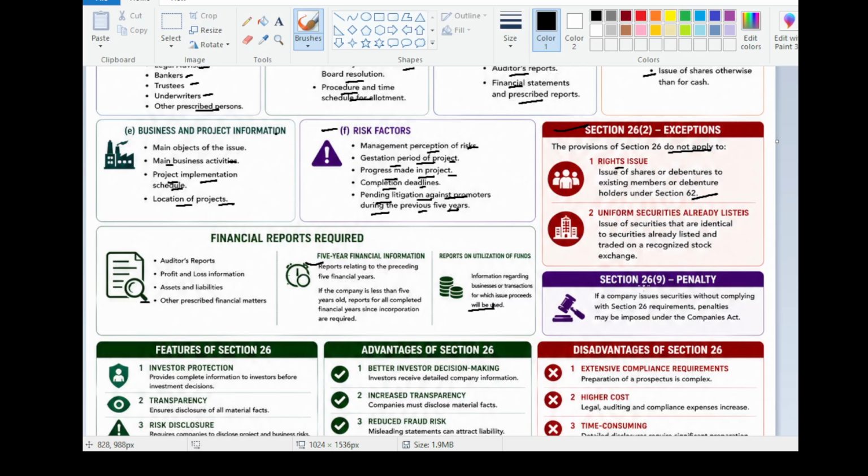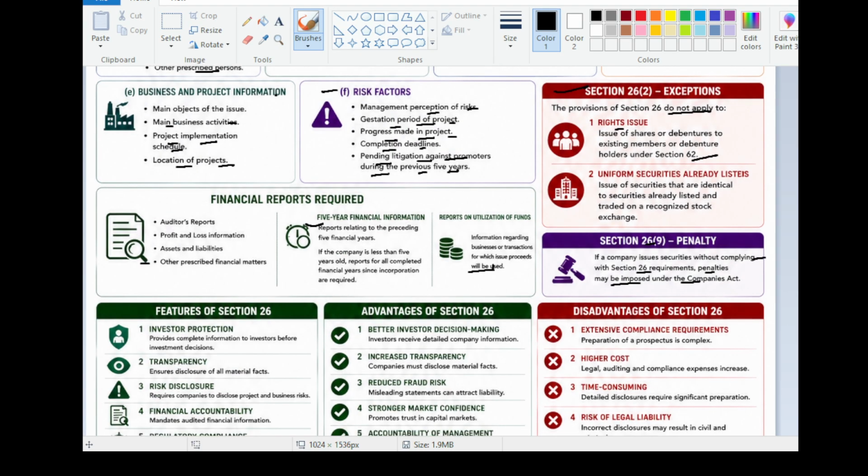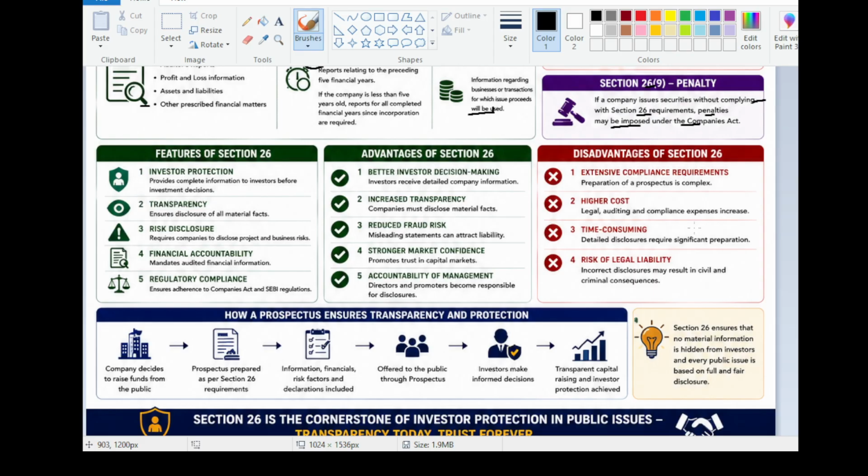Section 26, subsection 9: penalty. If a company issues securities without complying with the Section 26 requirements, penalties may be imposed under the Companies Act 2013. Features of Section 26. Investor protection provides complete information to investors before investment decisions.